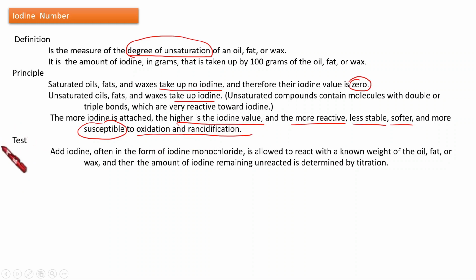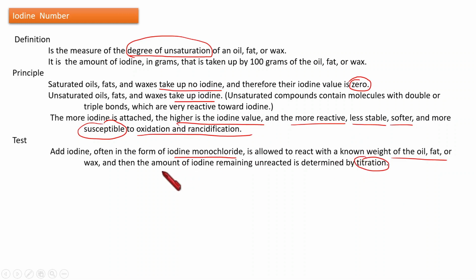Okay, so in what way are we testing this iodine number? So we need to add iodine, right? So what iodine are we usually adding? Iodine monochloride to oil or fat or wax. And after adding, then we are doing titration. For what?